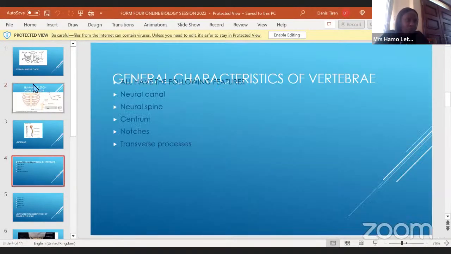From the front, we talk of the anterior view. From the back, it is referred to as the posterior view. The posterior view from the back.